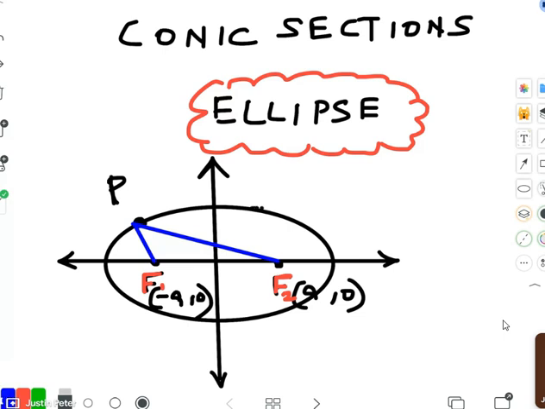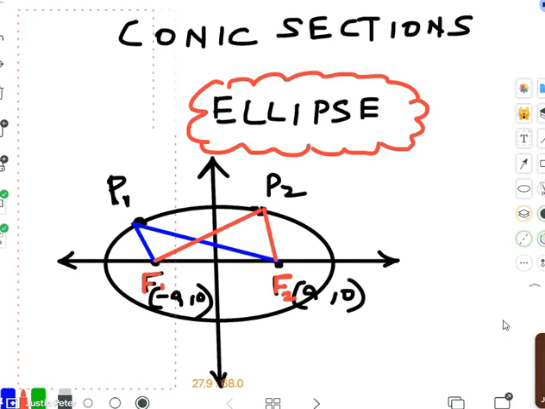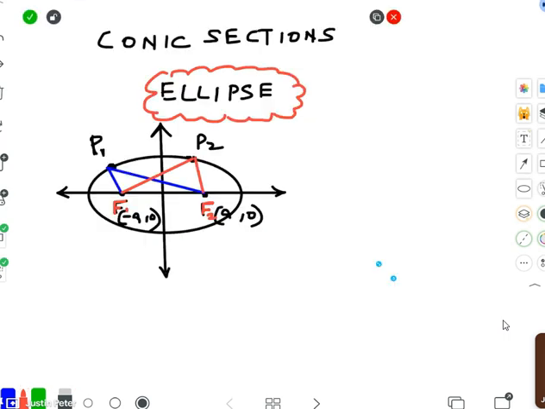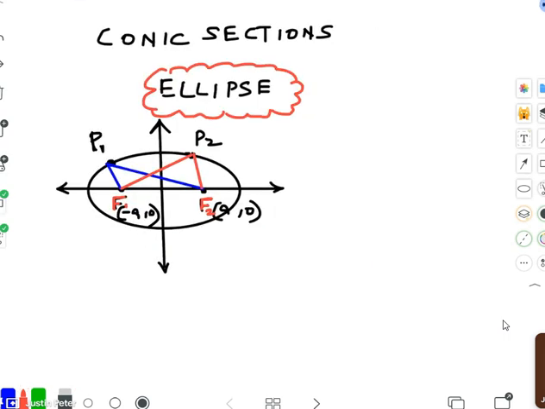Choose a point here, name this point as P1. Take another point P2. If you calculate the distance of this point from the fixed points, what will be the sum of these? Find the sum of the lengths of the same colors. Two blue colors, sum will be P1F1 plus P1F2.